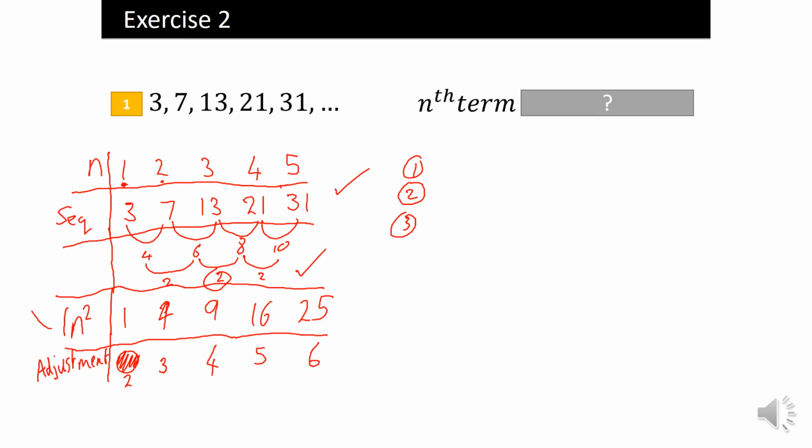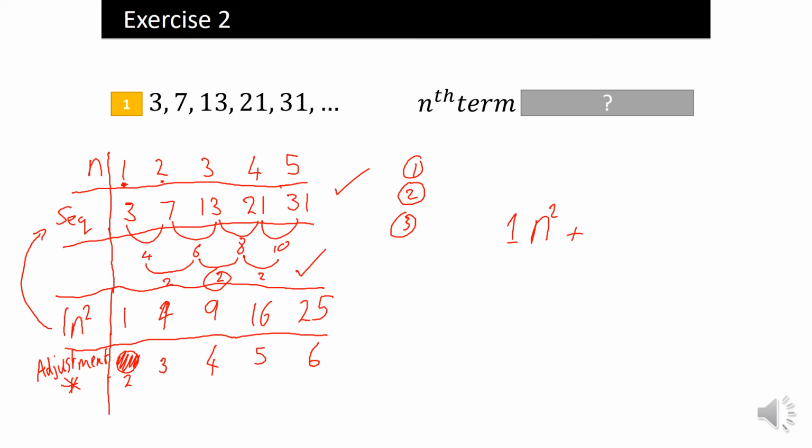So we're going from this to our original sequence and working out what we need to change it by. So we've worked out our sequence of adjustment. Now we just need to work out the nth term for this. So we know our nth term is going to be 1n squared plus whatever the nth term of this adjustment is.